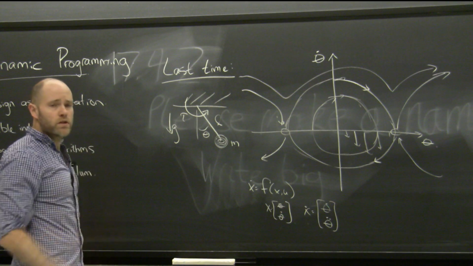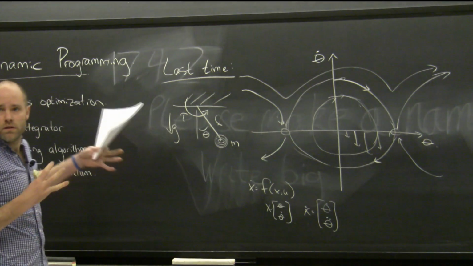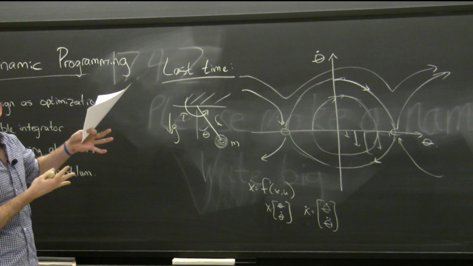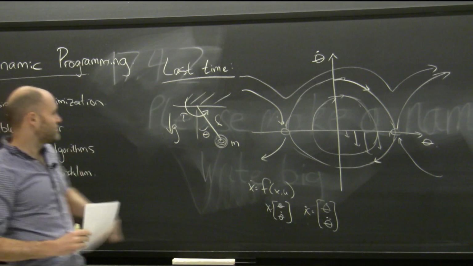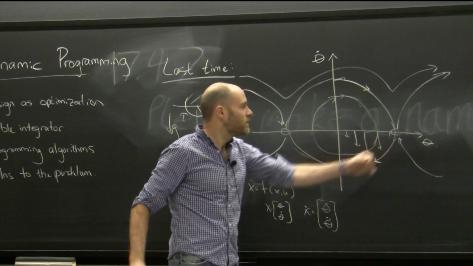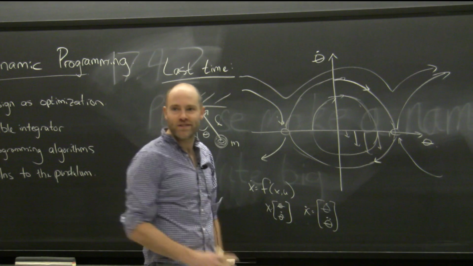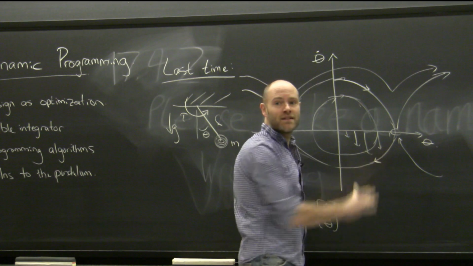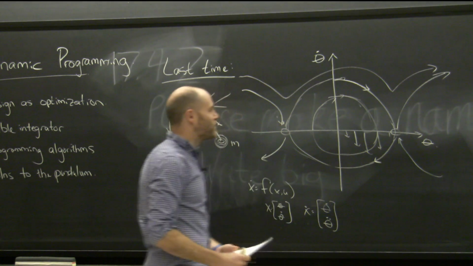So the challenge for today is to nudge this vector field around a little bit and try to make this the stable fixed point. But you're not allowed to just erase the board and draw a new pendulum over here, because that's not what we do in this class.